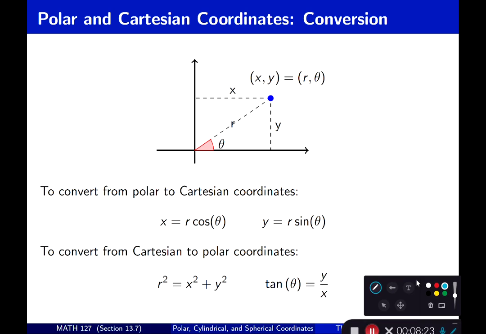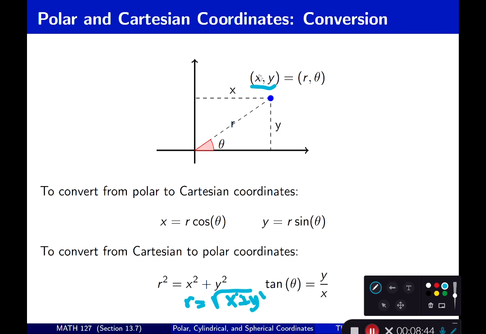if I have the Cartesian and I want to find the polar, basically r squared is equal to x squared plus y squared, so r is going to be the square root of x squared plus y squared, right?